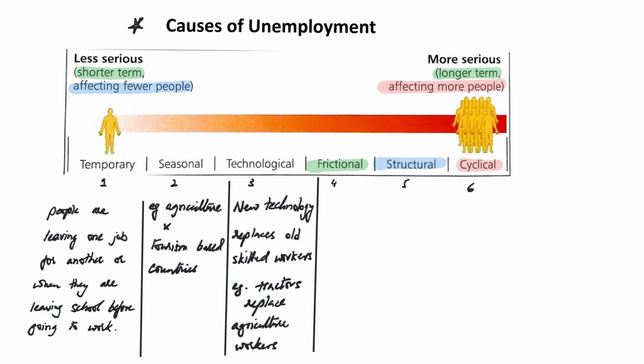Now you have the frictional one. Frictional occurs when the market system does not work smoothly.